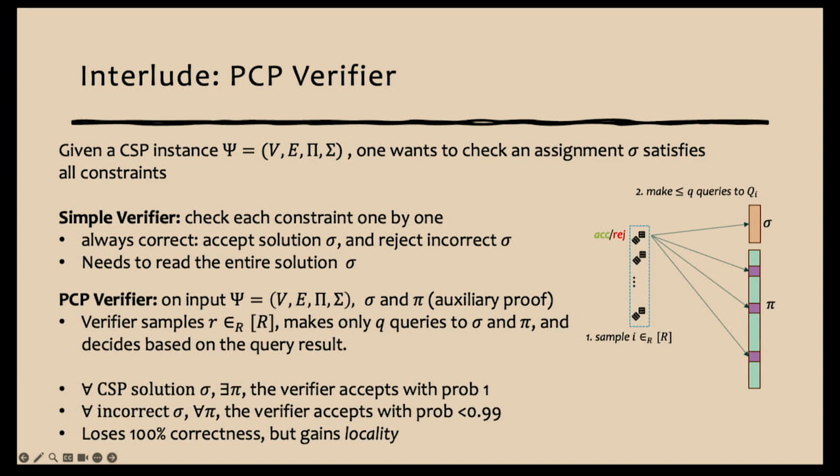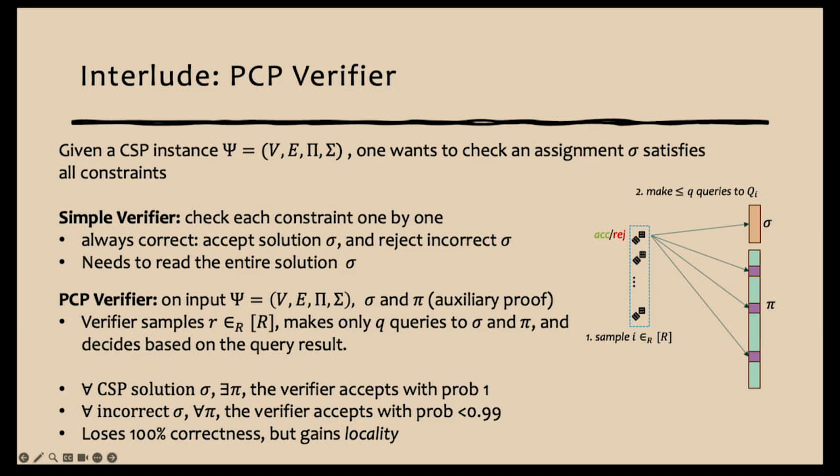The PCP verifier does something different. It first samples a randomness R and makes only Q queries. It takes as input not only the solution sigma, but also some auxiliary proof pi. Then it first samples some randomness and makes only a constant number of queries on sigma and pi based on the randomness, and then decides to accept or reject based on the query result.